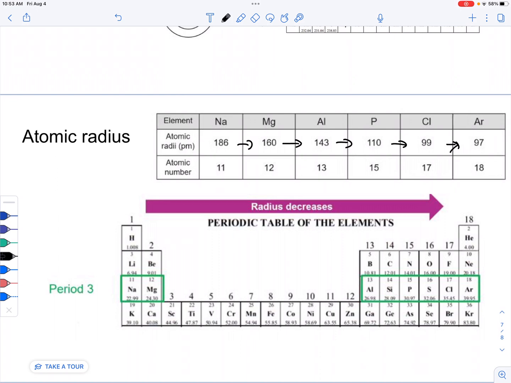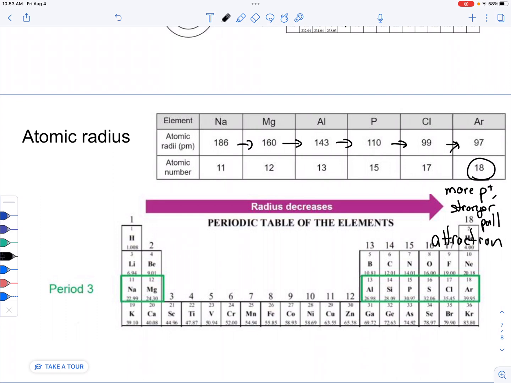However, you need to remember the structure of the atom. The atomic number 18, that means there's more protons. So more protons means that there's a stronger pull, or nuclear effective pull. You can just say pull, or stronger attraction would even be a better word. There's a stronger attraction for the electrons.